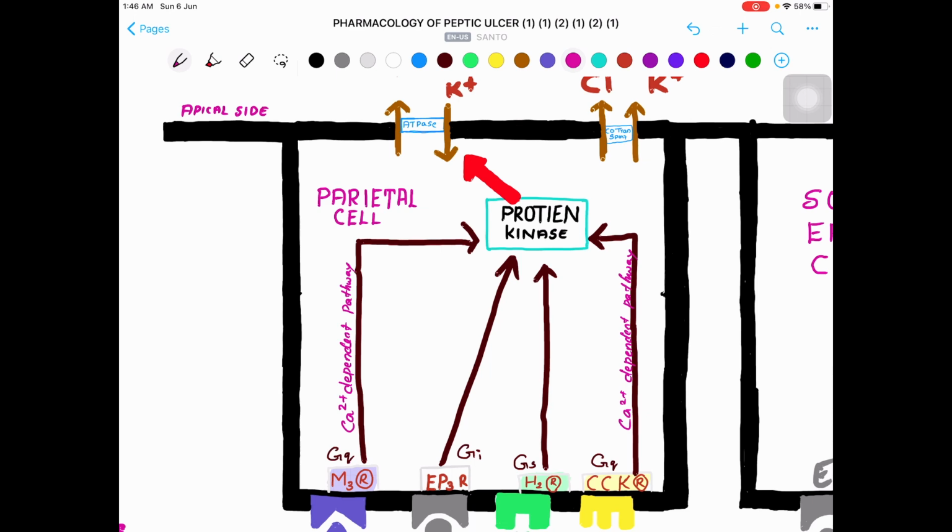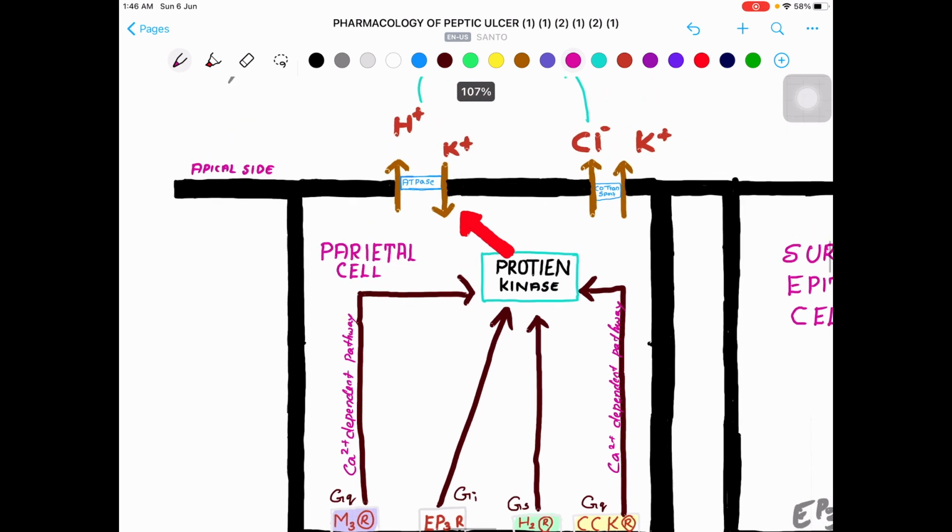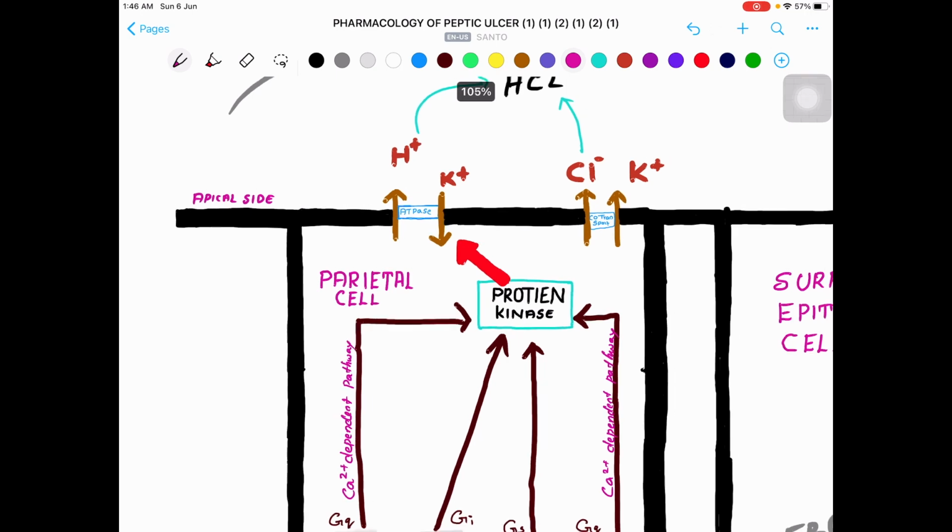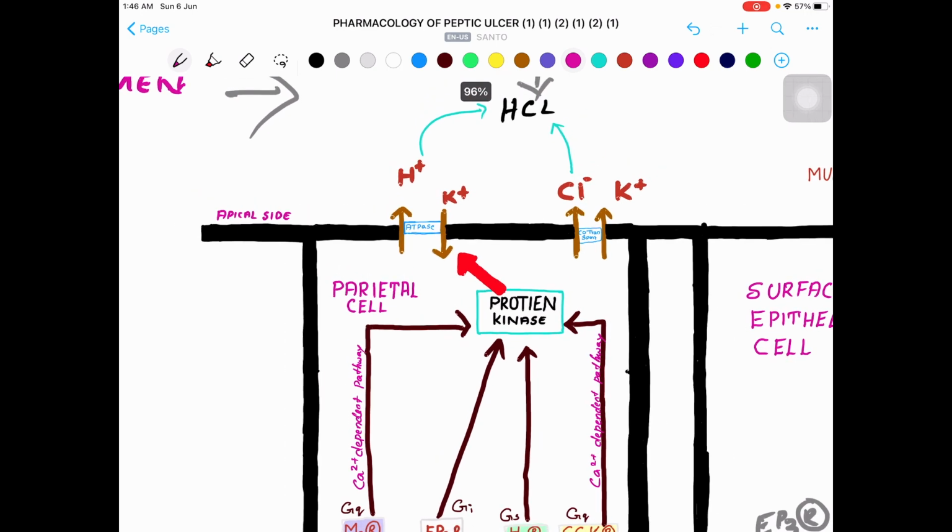Through this calcium dependent pathway, it activates protein kinase, and this protein kinase finally acts on the hydrogen potassium ATPase or the proton pump, and hydrogen is secreted into the lumen.